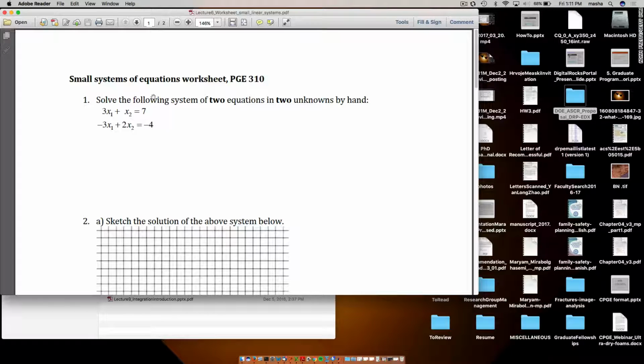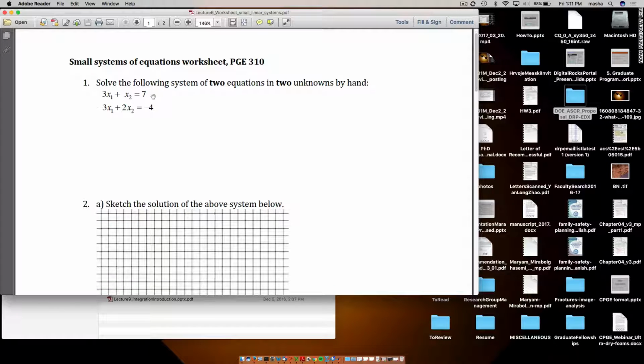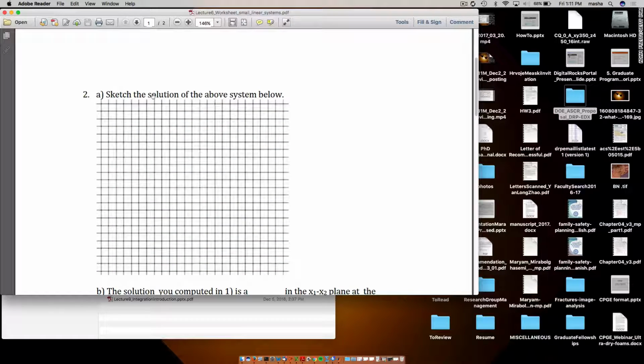And if you're done with that one, you can move on to number 2, sketch the solution of the system. I just gave you a grid to work with. You can draw however you'd like on that grid, but it's just to help you draw lines.